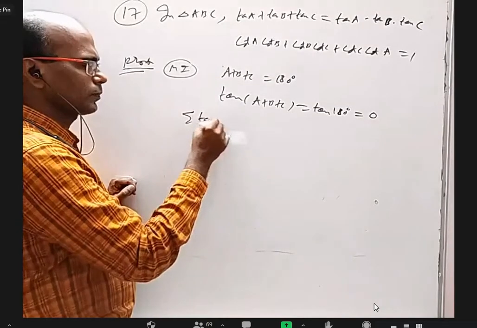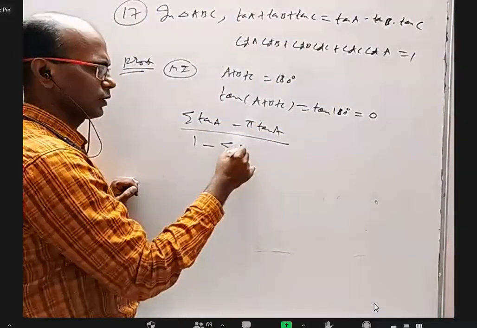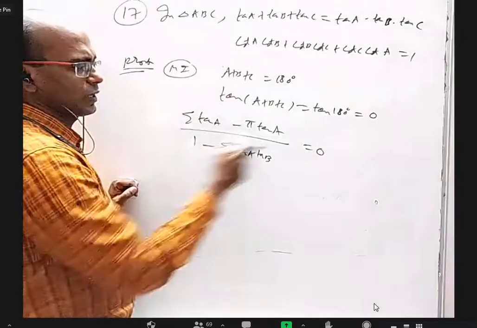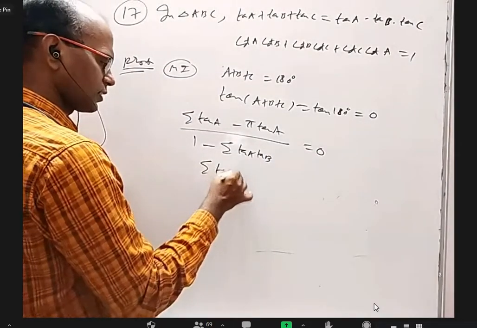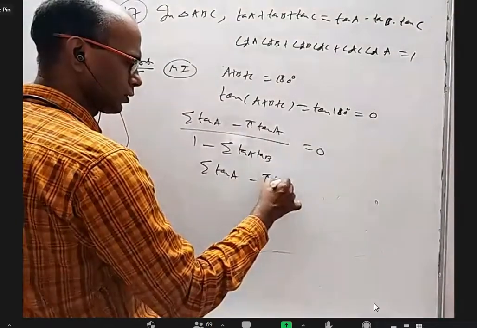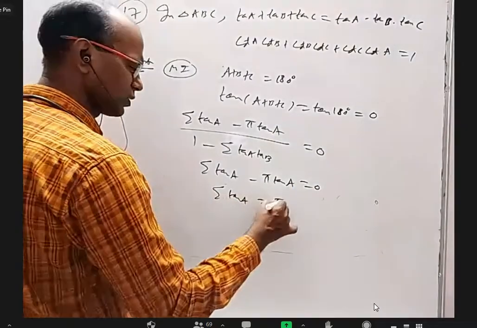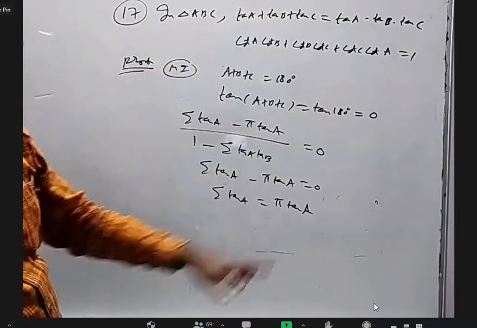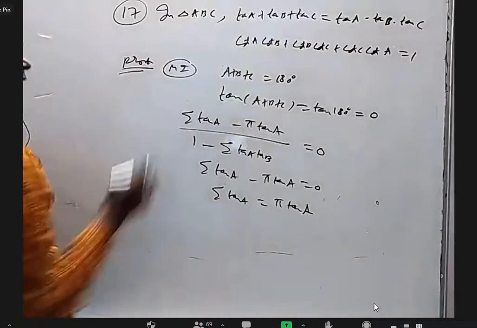Sigma tan A minus pi tan A by 1 minus sigma tan A tan B is equal to 0. That means the numerator is 0. So if you send the denominator there, you will get sigma tan A minus pi tan A equal to 0, that is sigma tan A is equal to pi tan A. Sigma tan A means tan A plus tan B plus tan C. Pi tan A means tan A into tan B into tan C. This is one standard result for a triangle.